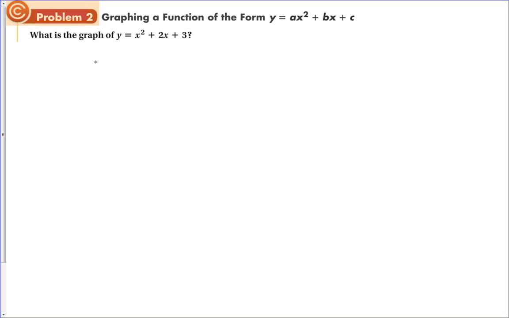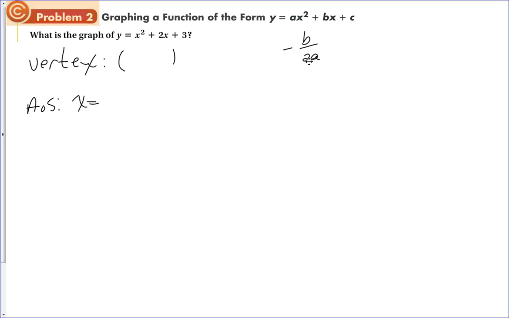Well, first thing, let's find our vertex and then our axis of symmetry. We know that negative b divided by 2a will give us not only our axis of symmetry, but the x coordinate of our vertex.